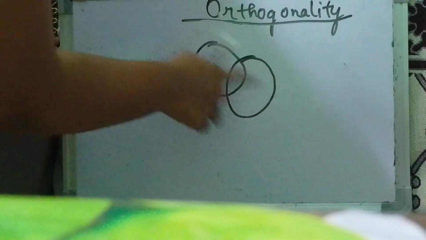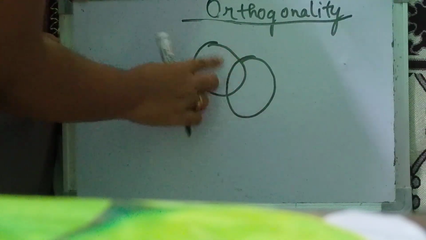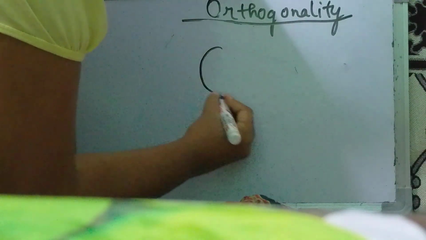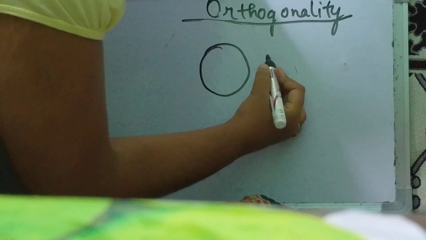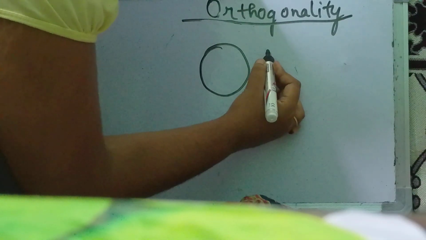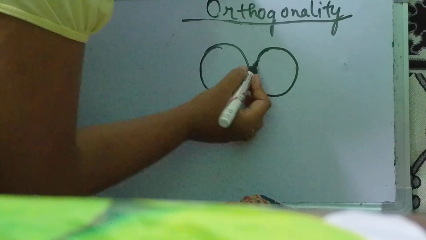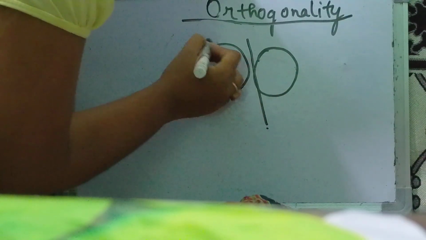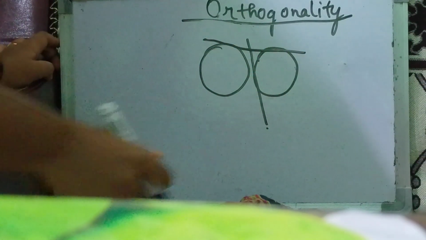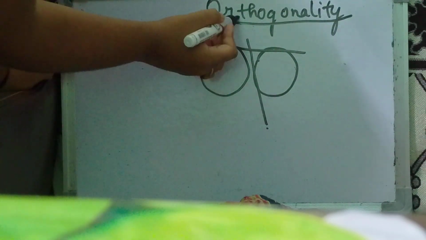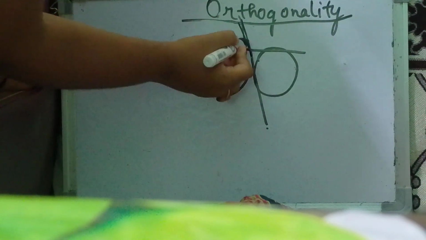How do we understand whether two circles are orthogonal or not? Their tangents will always be perpendicular. See, this is a circle and, for example, this is another circle. This is its tangent and this is the other tangent. They are not perpendicular to one another, see, this is the angle.